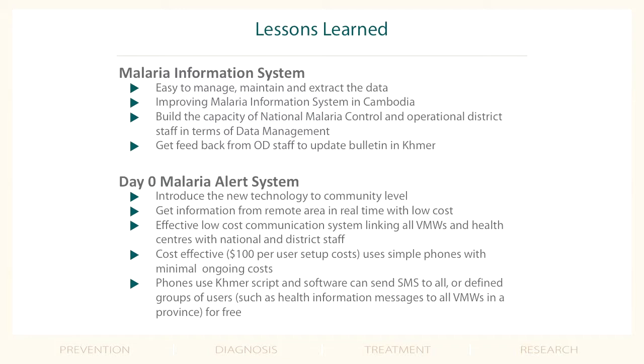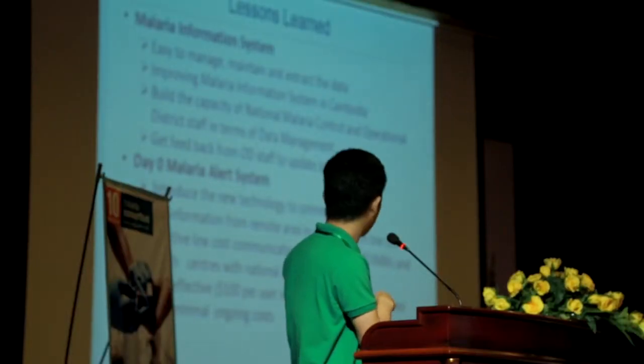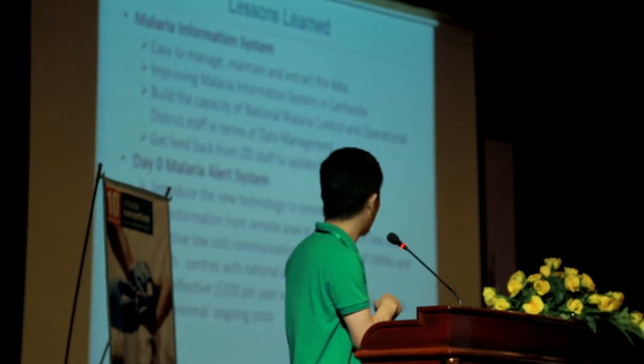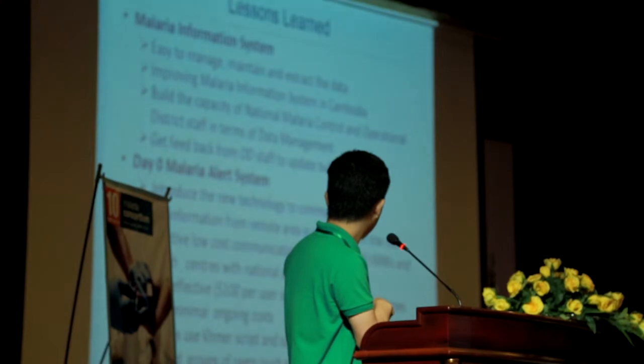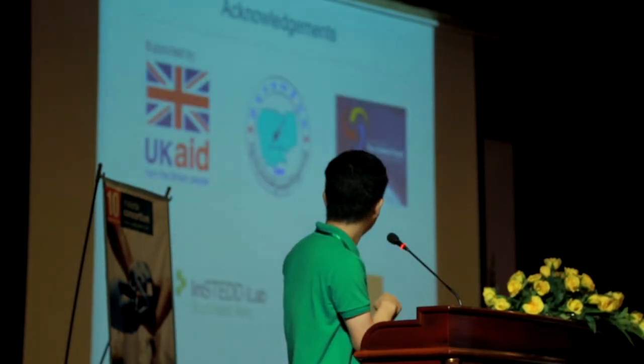And for the DESRO, we introduce new technology to the community level and get information from remote areas in real time at low cost. It is an effective low-cost communication system linking all VMWs and health centers with national and district staff. It is cost effective: during that time we spent only $100 per user setup cost. And we also use Khmer script, and the software can send SMS to all defined groups.